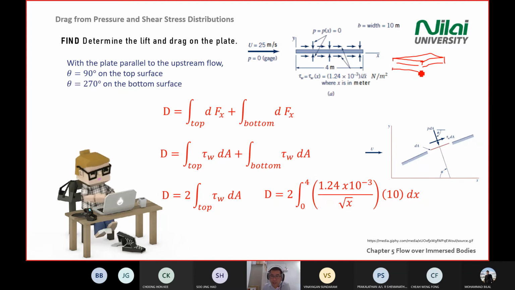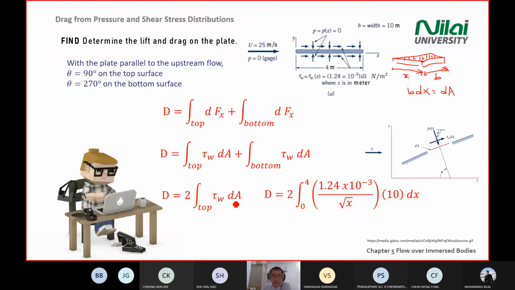So here to here is x. You're given the width of the surface. So if you integrate, b dx is your dA. You take b times your dx, and you get your dA.